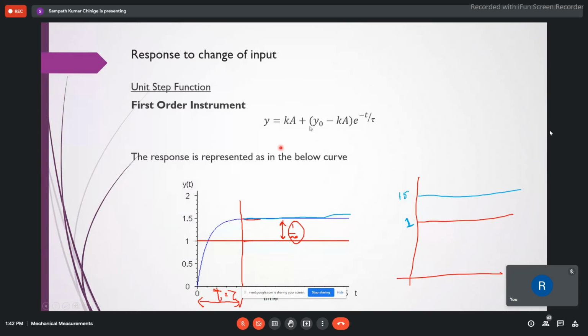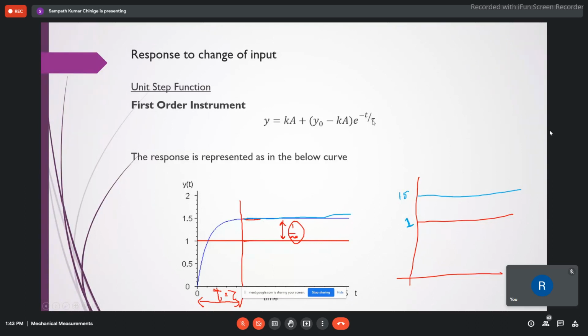The term (y naught minus Ka) into e power minus t by tau is the unsteady state term. As time increases, this value becomes negligible, and finally we get the steady state value, which is close to Ka.